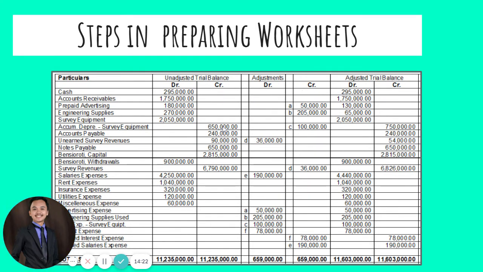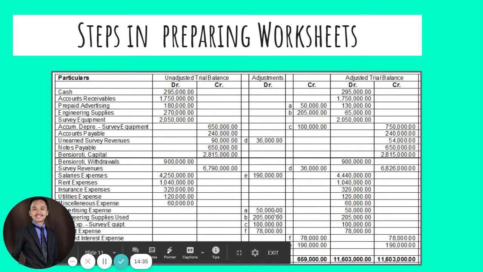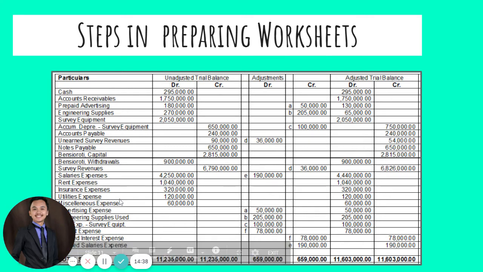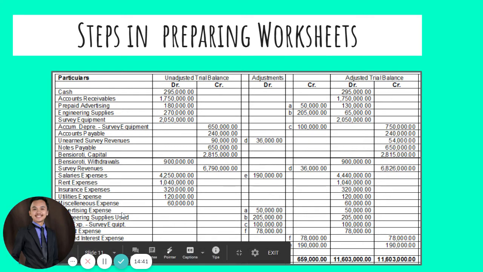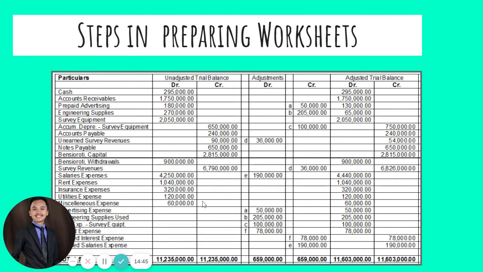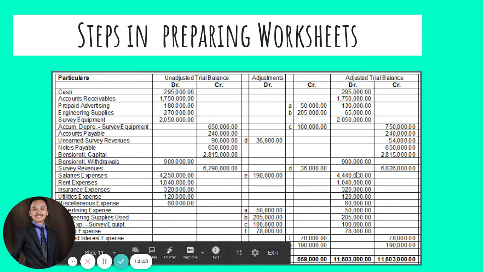So add 650 plus 100 and put it on the credit side. So we have 650 plus 100,000, which is 750,000, and so on and so forth until you can finish combining all items from cash to expenses that are in your unadjusted trial balance together with your adjustments.